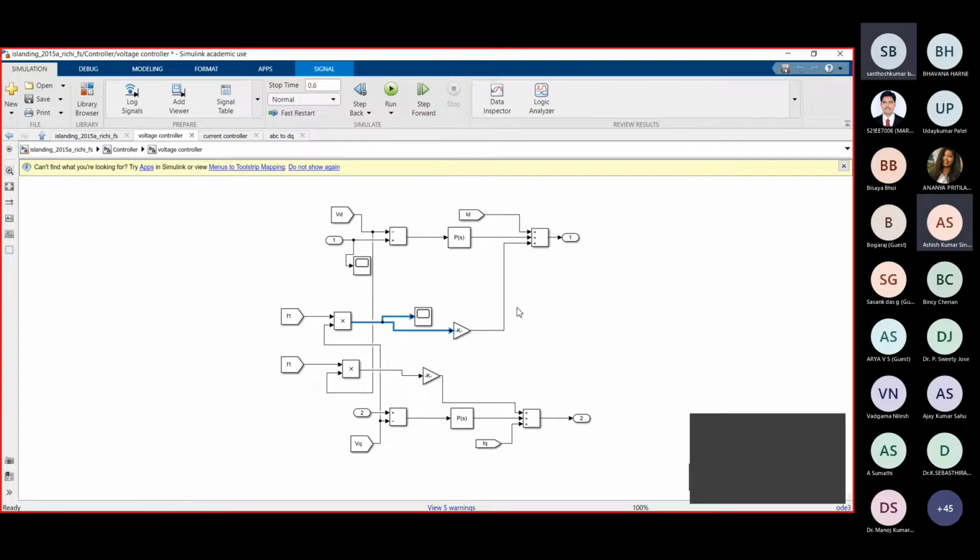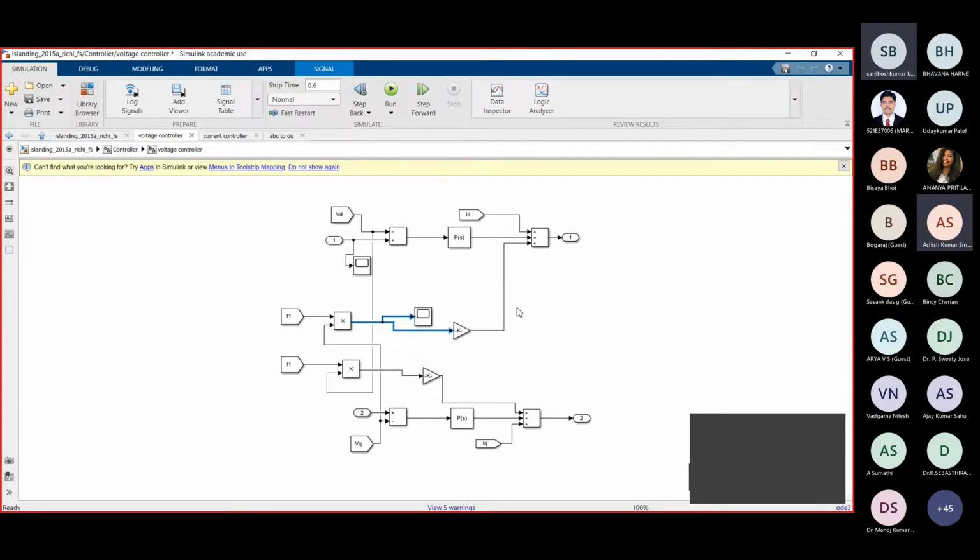Here there is no physical system. Here in the controller we are using different mathematical concepts and different logic to simplify our system. The system is actually a multi-input, multi-output system.